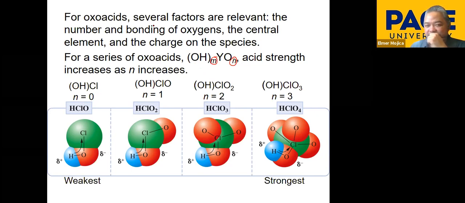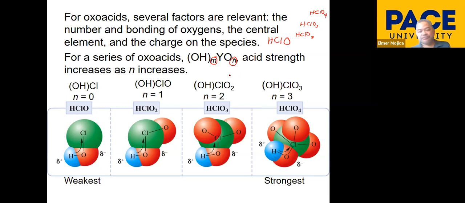So if you have HClO, the way that you have to do it is like that. And then HClO2, HClO3, and HClO4.